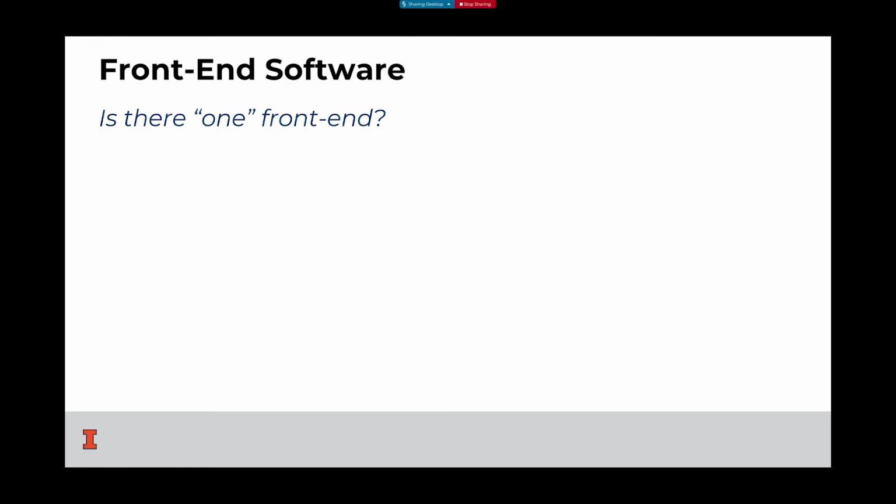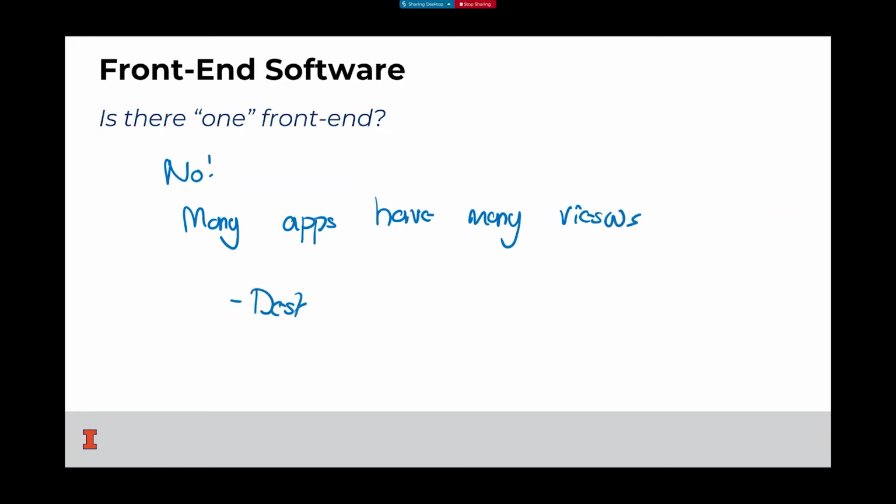So the question is, when we talk about an application, is there always going to be just one front end? No, absolutely not. Many applications have many views. This can be desktop versus mobile sites.